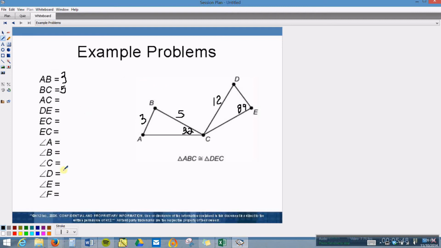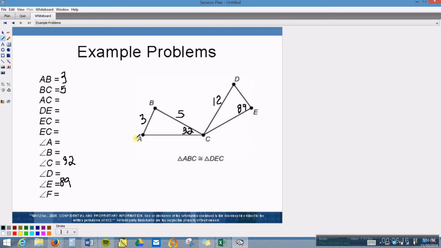I told you that angle E was 89. And I told you that angle C was 32. So your job is to figure out which angles are congruent to what, and which legs are congruent to what.